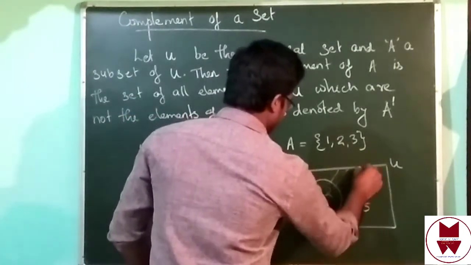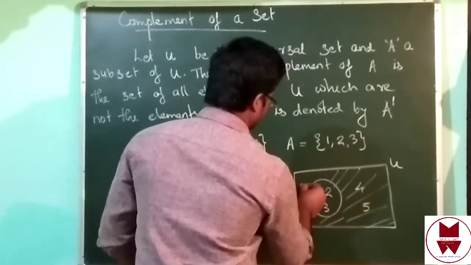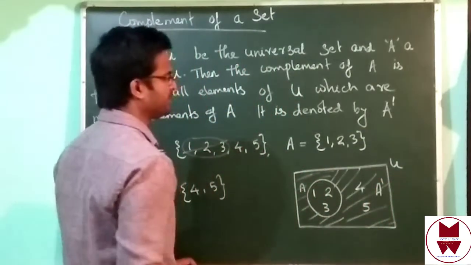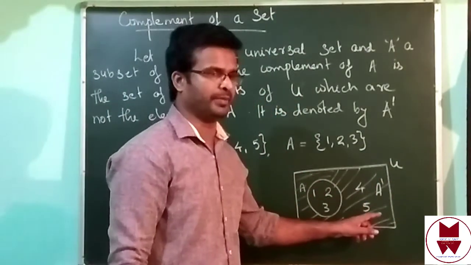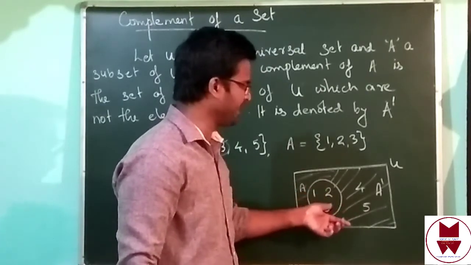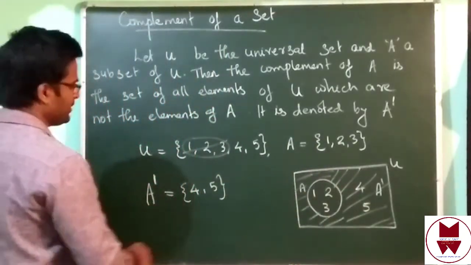We shade only the outside region of set A. The shaded region is known as A complement. These 3 elements are not included. That is the complement of a set.